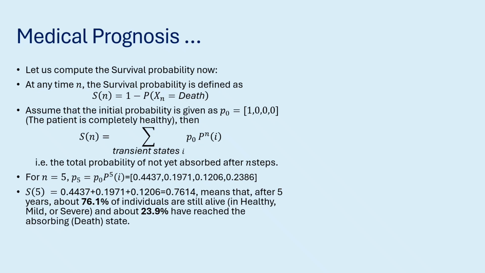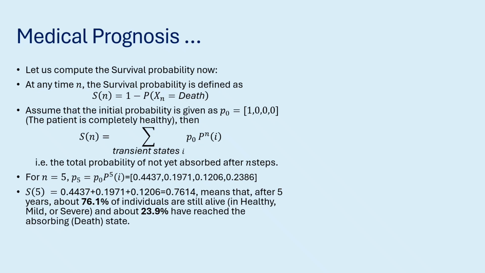Another interesting question to be answered here is the survival probabilities. It can be easily calculated as 1 minus the probability that X_n is equal to death. That becomes the survival probability. So S_n is computed as the sum over all the transient states i of p_0 into P raised to n, where p_0 is the initial probabilities. That is also given here.